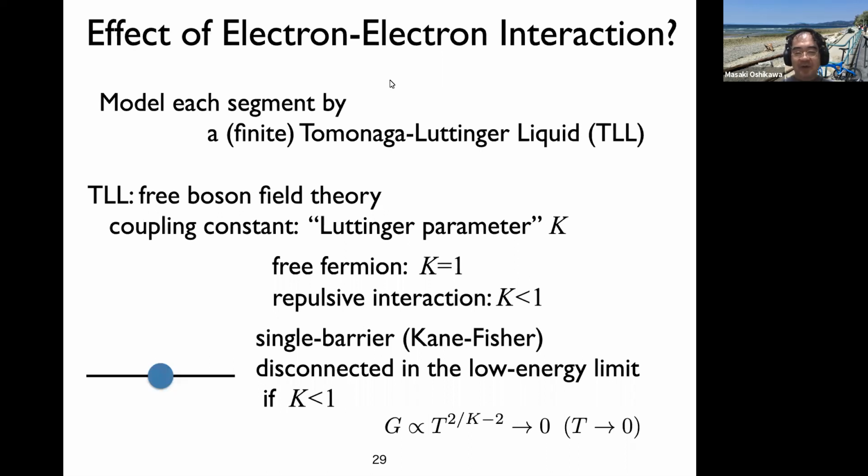And free fermion corresponds to a particular value of the Luttinger parameter, in this convention K equals 1. And if you have repulsive electron interaction, then the Luttinger parameter is renormalized to less than 1.